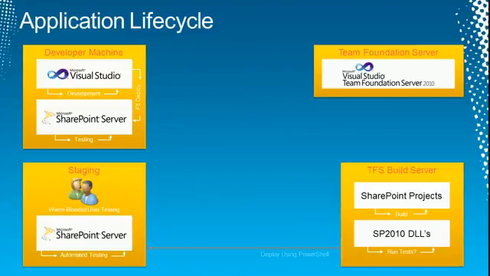So then the testers come in, they do their testing, they close bugs, they probably find some new bugs. So then they use TFS to open those new bugs, and the developers come back in and they fix the new bugs, and the process continues round and round. So we'll touch on a few of these aspects, primarily the team build there, and I'll show you how to configure that.